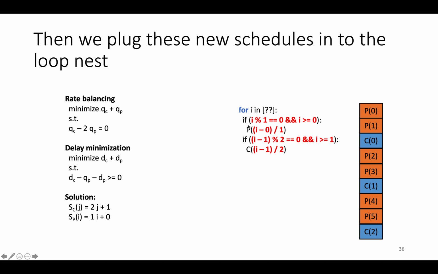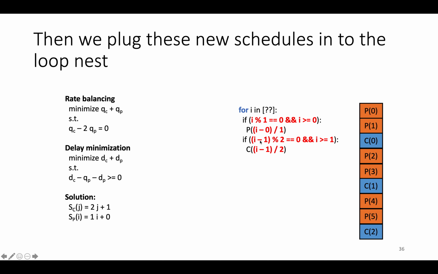And basically what we're going to say is if i mod the rate at which the producer is issued, which is 1, equals 0, and if the current loop iteration is greater than or equal to the delay, which is 0, we're going to execute statement P of (i minus delay) divided by rate.